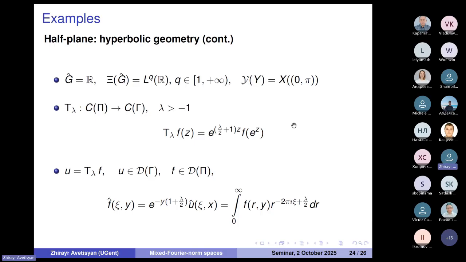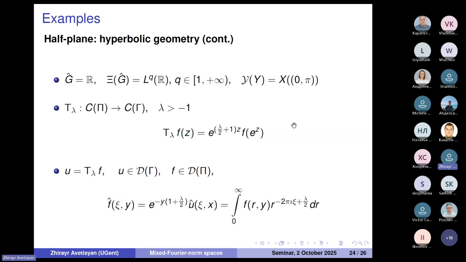So essentially you have this radial variable. If you think of e to the minus y, to the power 1 plus lambda over 2, as the radial variable R, then in your model, if you take the radial variable R and perform a Mellin transform with respect to it, you are basically doing our standard half Fourier transform.